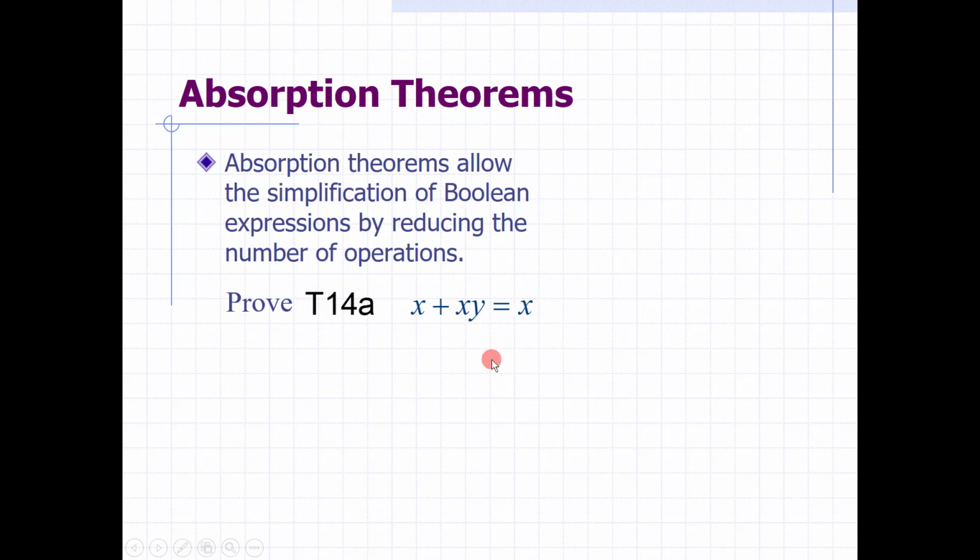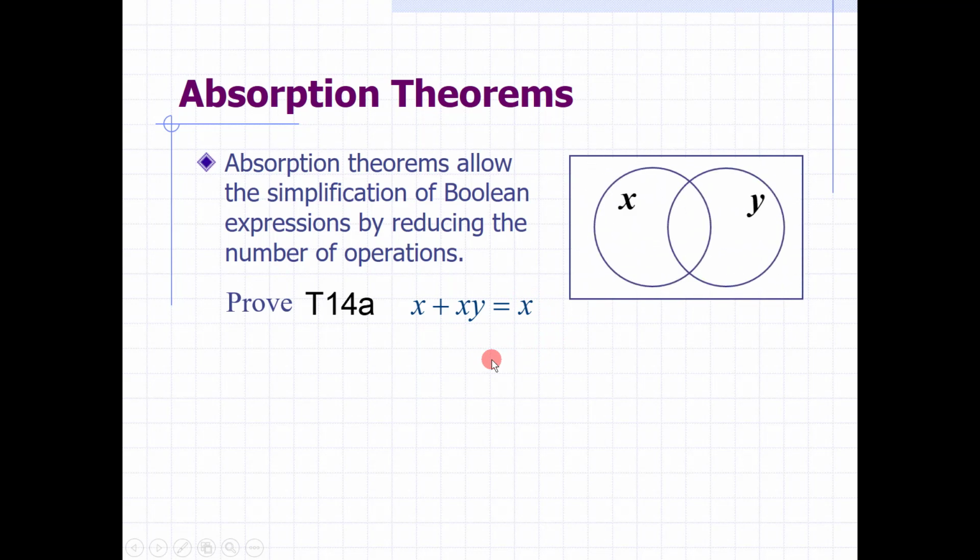We could draw a quick Venn diagram: make the left side of this equation, construct x and y, and OR it with x. So here's x and y, and then all of x. We put them together with OR, and we get x. So it's pretty slick. Nice for simplification.